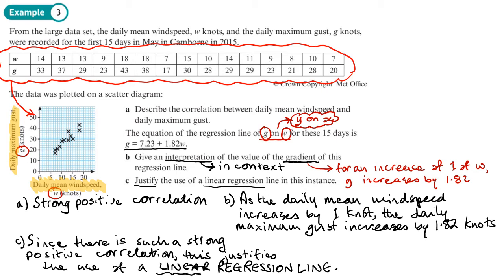Yeah, because it makes sense to work out the equation of the line of best fit because the points almost lie in a line. There's a very strong correlation there.